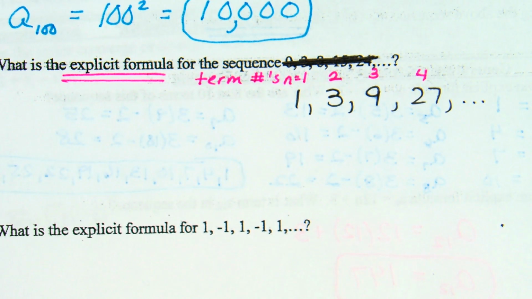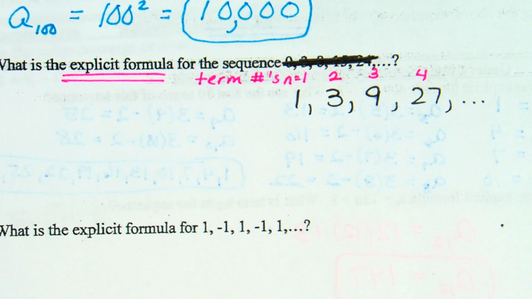What do you know about 9 in relation to 3? It's 3 squared. Okay. What do you know about 27 in that same manner? Is it 3 cubed? Are you seeing where I'm going with this? 27 is 3 times 3 times 3. Okay, work with me here.